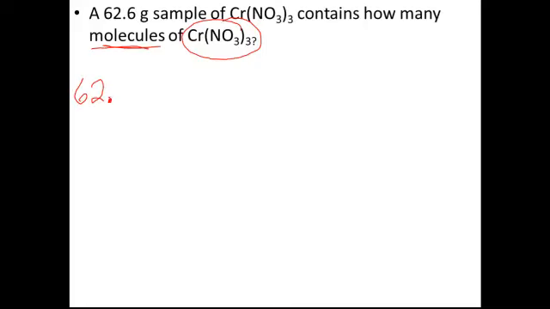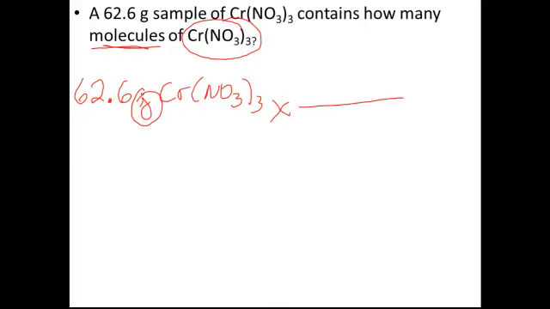We're just going to do the problem. 62.6 grams of Cr(NO3)3. And now I'm thinking, okay, I've got grams. There's only one thing I can do when I have grams, and that's convert to moles. So now I need to use my periodic table, and I'm going to convert my grams to moles by figuring out the mass of Cr(NO3)3.